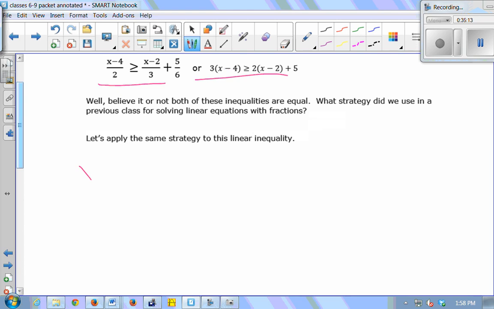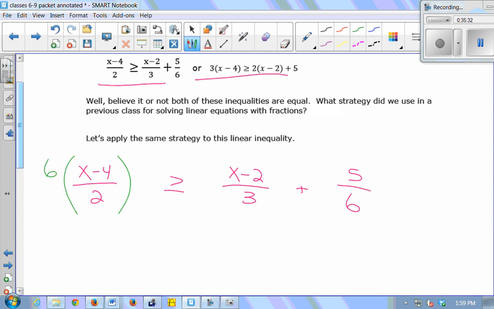I have x minus 4 over 2 is greater than or equal to x minus 2 over 3 plus 5 over 6. 6 is the LCM. Good. So I'm going to multiply both sides of my inequality by 6. Every term on both sides. And for some people, it's really helpful to write 6 over 1, right? Because you remember that the 6 is in the numerator.